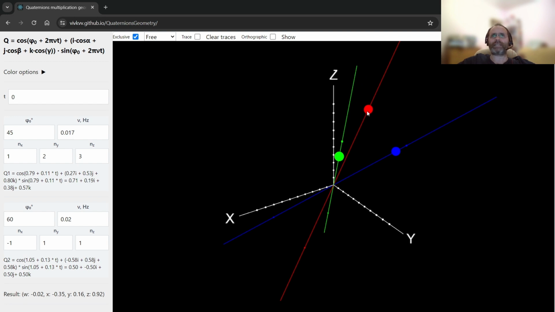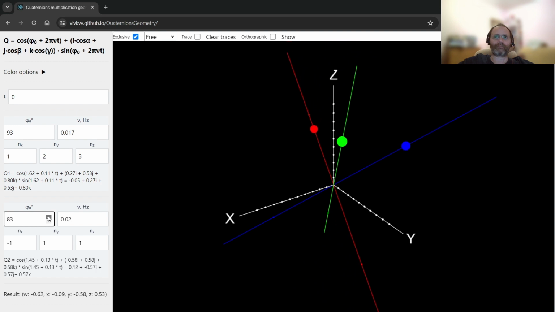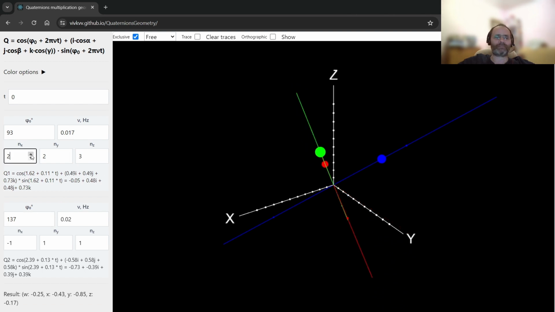Of course, there are also scalar parts which are not visible on this drawing, but we can imagine them. We can move each of the quaternions along its axis and see what happens to the result. Let's also see what happens when the directional vectors change.